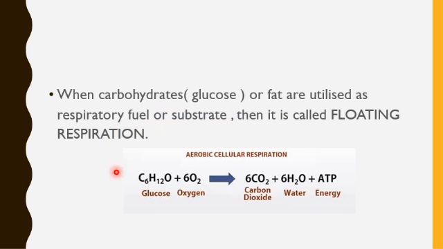And this is a simple complete equation of cellular respiration, in which glucose, in the presence of oxygen, means the oxidation of food, gives carbon dioxide, water, and energy in the form of ATP.